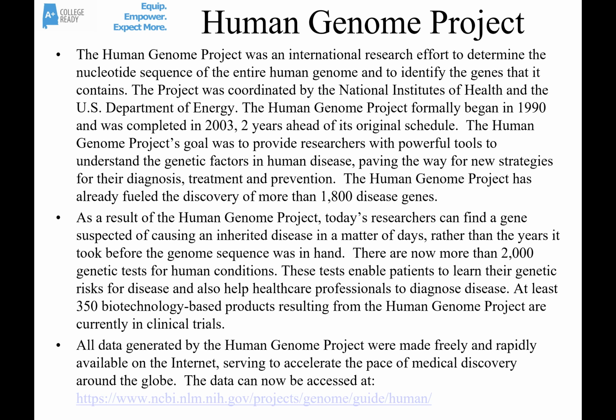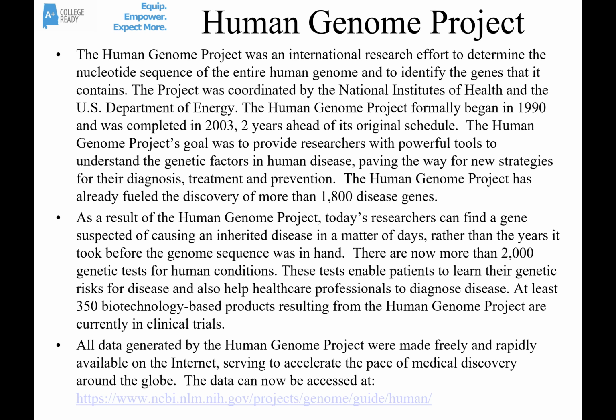So because of the Human Genome Project, researchers today can find the genes suspected of causing inherited diseases in days, where before the project it might have taken them years to do that. There are now over 2,000 genetic tests for human conditions, and these tests allow the researchers and doctors to diagnose diseases very quickly.